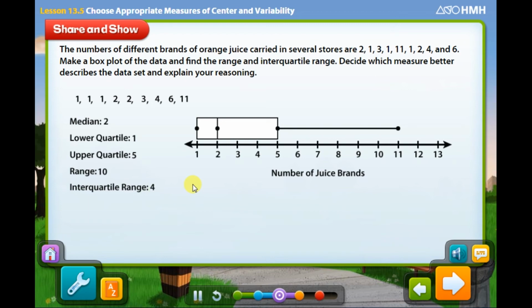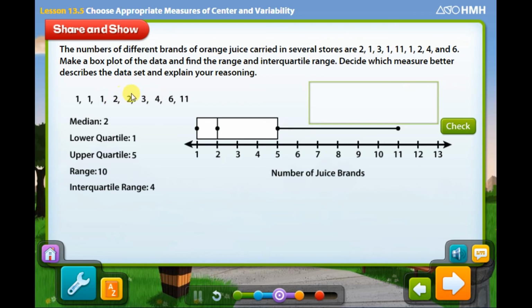Which measure better describes the data set? Explain your reasoning. Okay, if you look at the range, it's 11 minus 1. It's all on the edges of the set of numbers. However, 5 and 1 are in the middle or the center of the group of numbers.